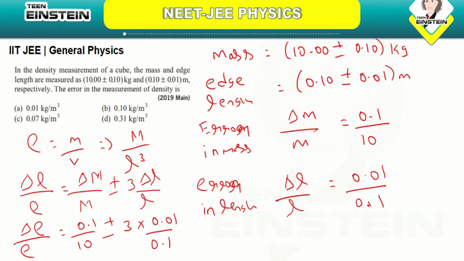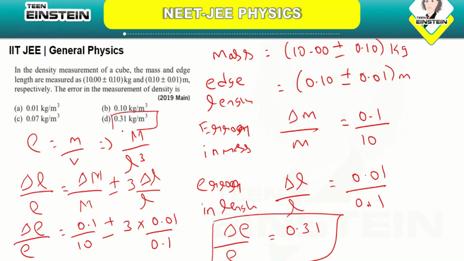When you solve this, you will get the del rho by rho value as 0.31. So the correct answer is option number D.